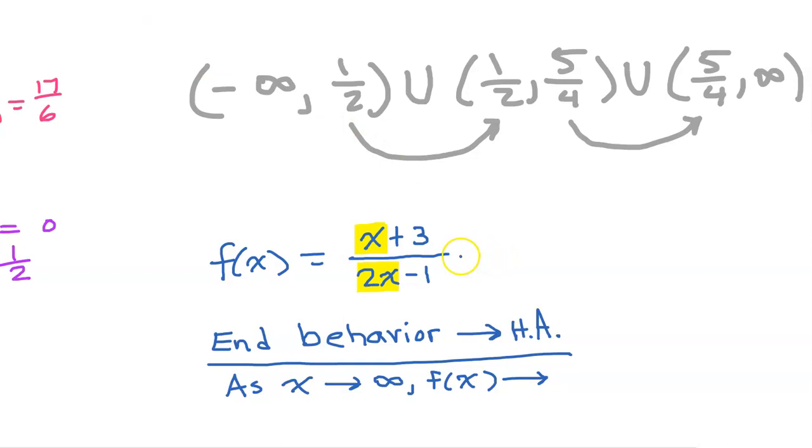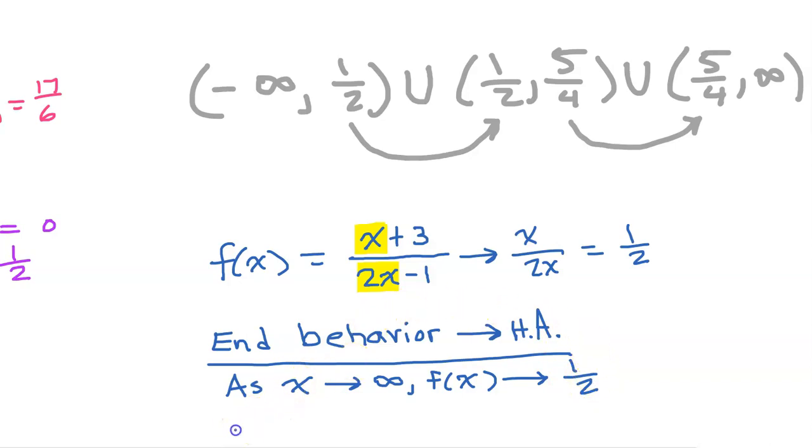So this expression is going to be approaching x over 2x. But this simplifies down to 1/2. So as x approaches infinity, f of x approaches 1/2. So that is the horizontal asymptote.